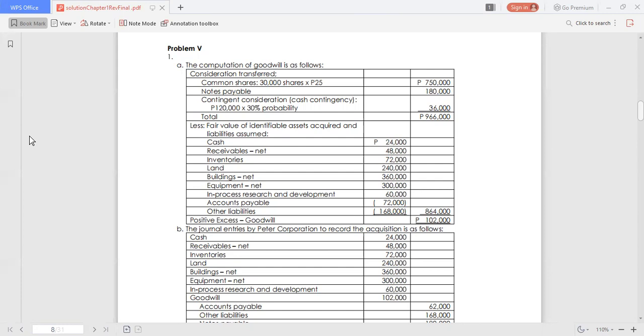So that means 36,000. The total consideration of 966,000, we now deduct the fair value of identifiable assets acquired and liabilities assumed. We now have cash.